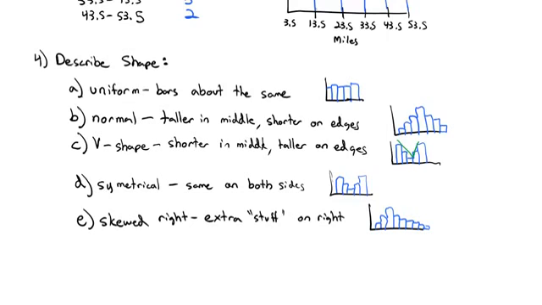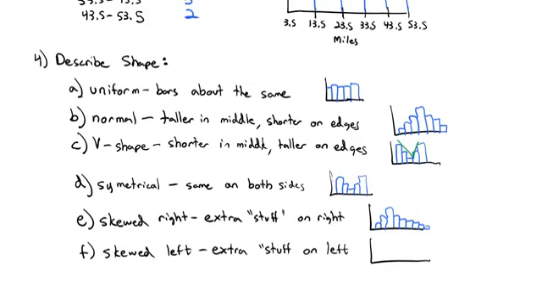That extra stuff means it's skewed right. And you might expect the last term then is skewed left, where the extra stuff is on the left. And that's where we've got all these extra little short bars on the left before it starts growing and giving us what would be a symmetrical shape.